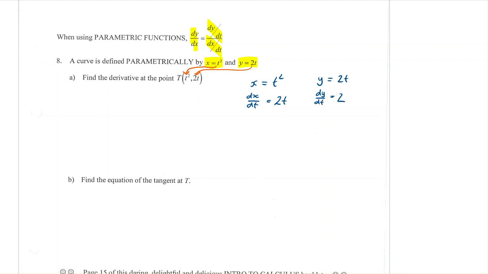So I found the two derivatives, so I can now find my dy over dx, which is dy over dt divided by dx over dt.